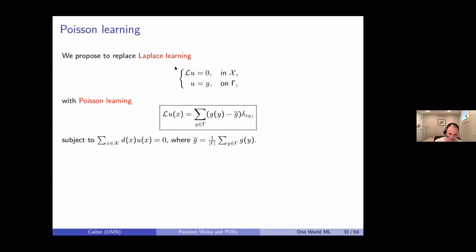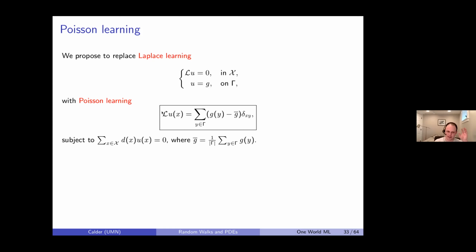A couple of words about the equation here. Because the kernel of the graph Laplacian is not trivial, it has constant functions in the kernel, there's a unique solution only up to a constant offset. And so there's an extra condition here that the weighted mean value of u is equal to 0, weighted by degree, which we can explain from a random walk argument that I'll show later. And on the right-hand side, a graph Laplacian always has mean value 0, right?